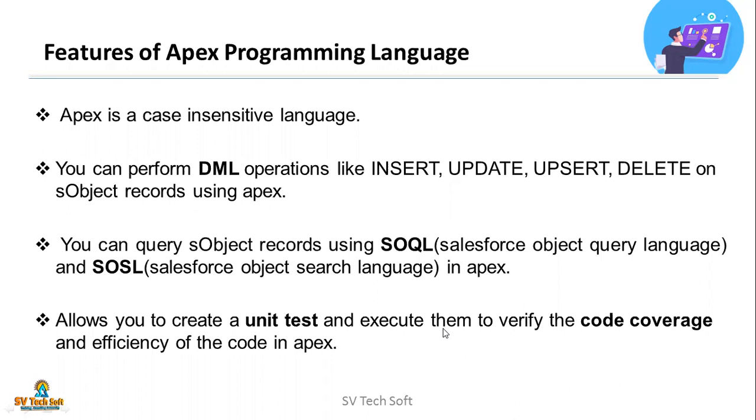You know, in our database statements, we use a select query, right? The same select query we also use in the Apex programming language. Basically, we use a select query to retrieve the data from an sObject. For that, the select query concept comes under SOQL. SOQL is nothing but Salesforce Object Query Language.